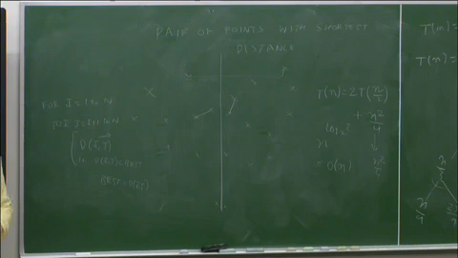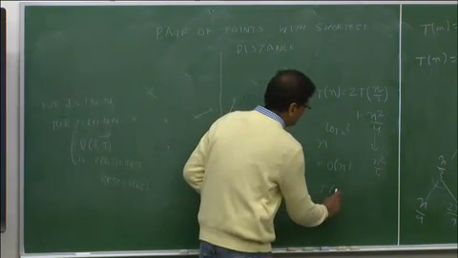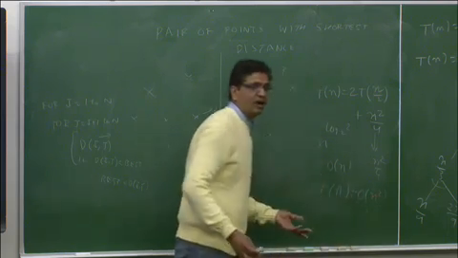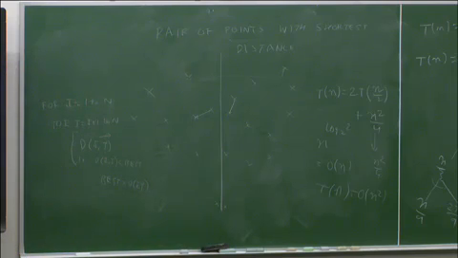So, f n is nothing but n to the power log a to the base b plus epsilon, where epsilon in this case is nothing but 1. So, if you solve this, you will get T n equal to order of n square. Not a lot of saving, because I started with n square, I got to n square. All right.